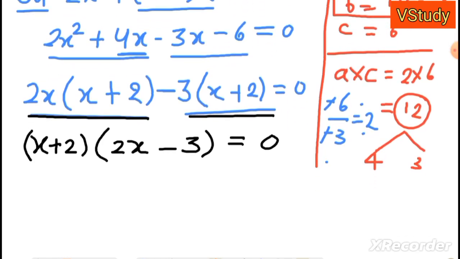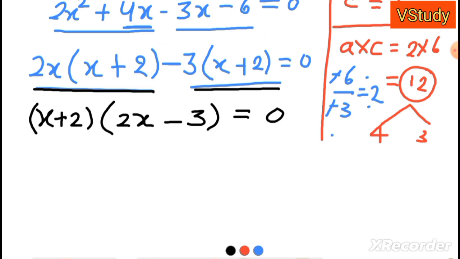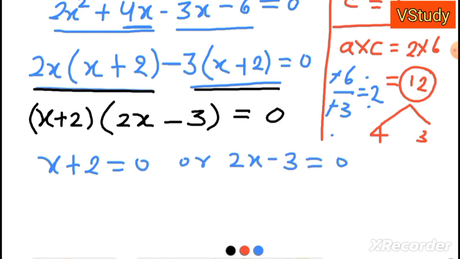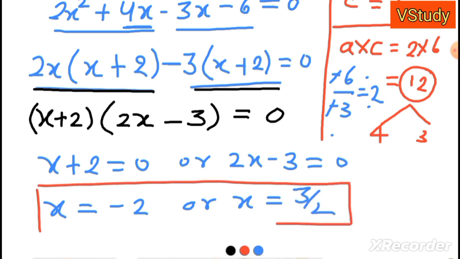Now we can write x plus 2 is equal to 0 or 2x minus 3 is equal to 0. Now x is equal to minus 2 or x is equal to positive 3 by 2. And this is the solution of this quadratic equation.